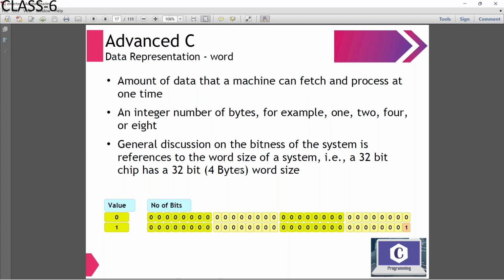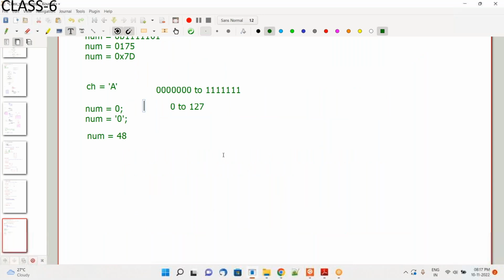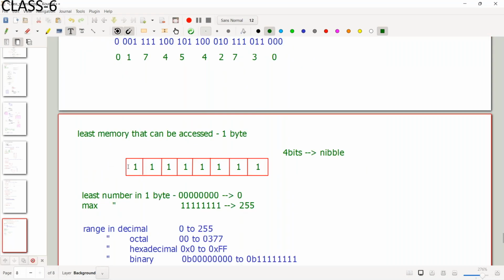So in ASCII 1 byte equals 7? No, 1 byte means that is always 8 bits only. In ASCII it uses only 7 bits out of the total 8 bits. So 1 byte is a standard, 1 byte means always 8 bits together. Out of this, only 7 bits will be utilized to store the character.